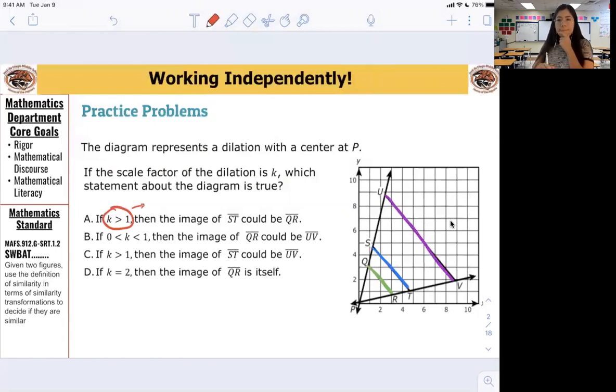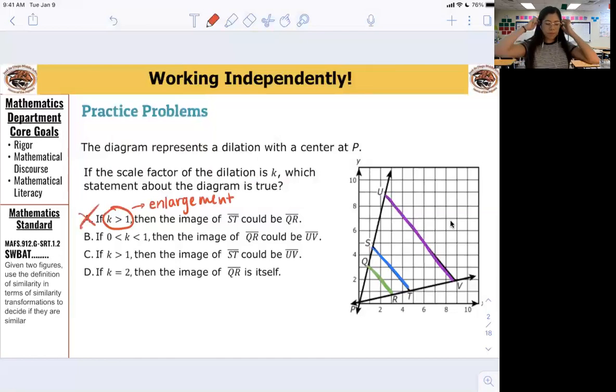It starts with an E. Enlarge. There we go. That's an enlargement, right? So ST going to QR would not be an enlargement but a reduction. So that is incorrect.